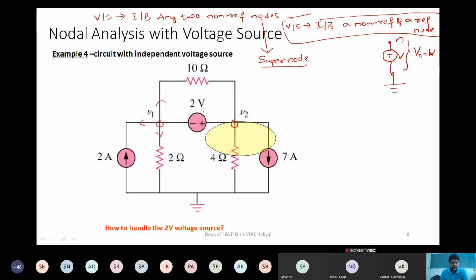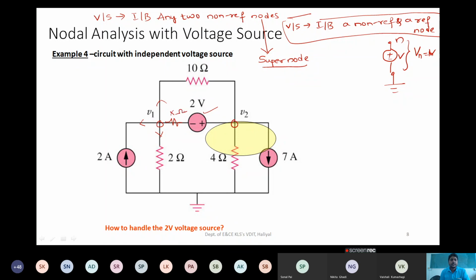So you have to check whether a voltage source is connected between two non-reference nodes. But in case you have a resistor here, that will avoid the super node concept, because the potential will change.